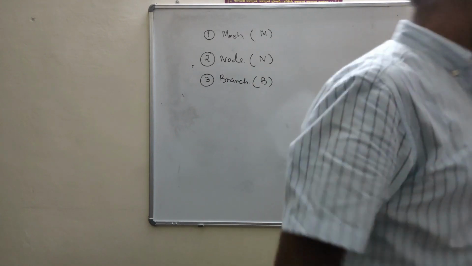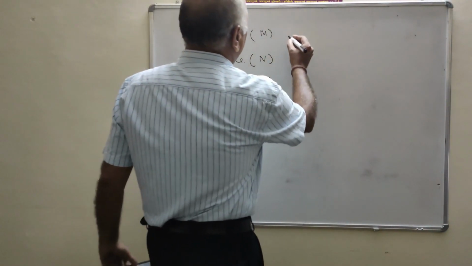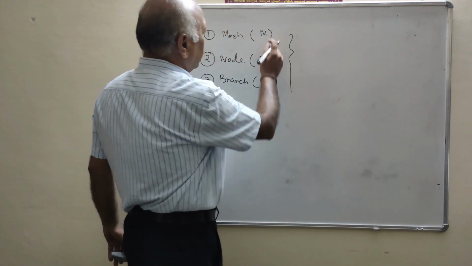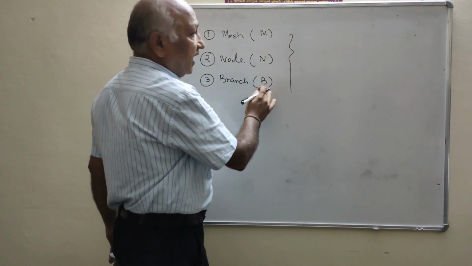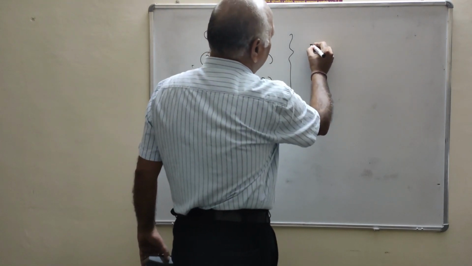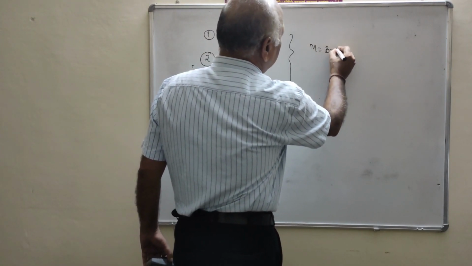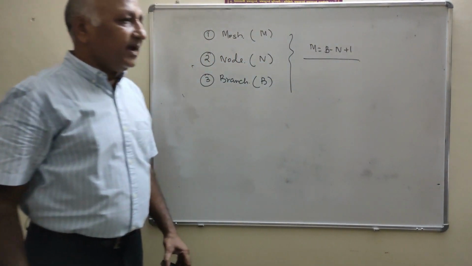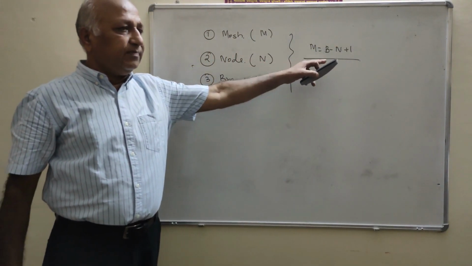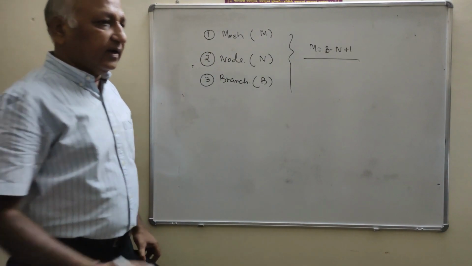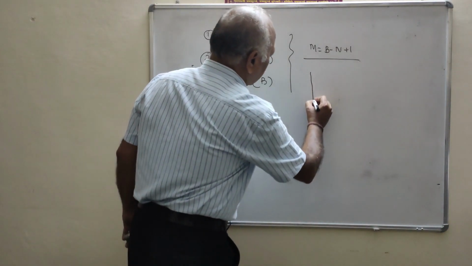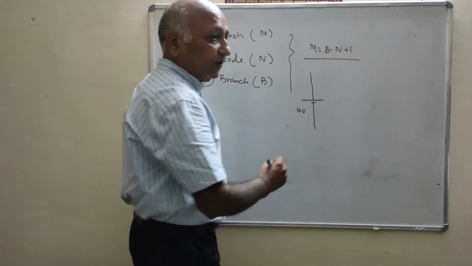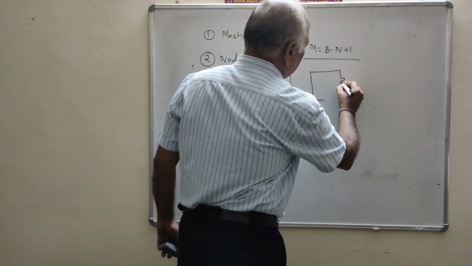We will take an example. The relation between mesh, node and branch is simply M is equal to B minus N plus 1. So what is M? It is equal to B minus N plus 1. For example, this is the 10 volt source.